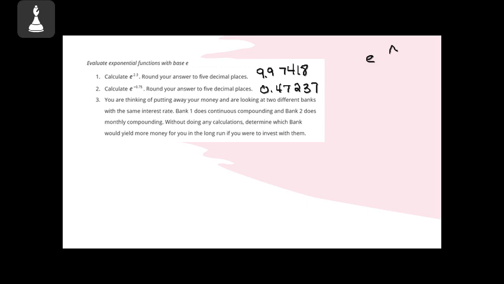If I'm doing continuous interest, I'm earning interest on that interest all the time. So that's going to make my money grow faster. So the continuous is going to provide more interest faster.